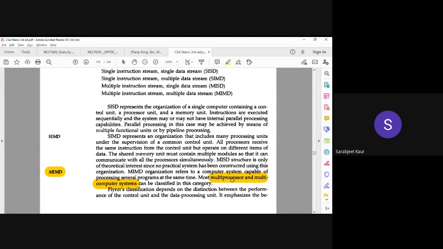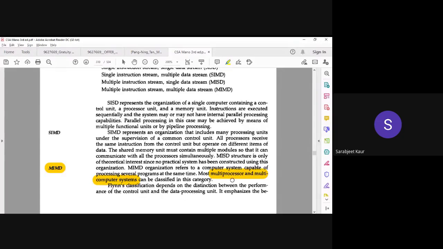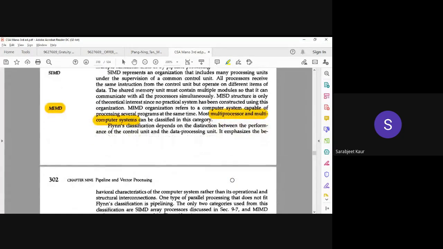One CPU can pick up the first instruction and do the computation, while the second picks up the second instruction. So a job division is done and handed over to the processors, which work like a single system in the sense that they solve the same program and give the result together. They work as a multiprocessor, multi-computer system.